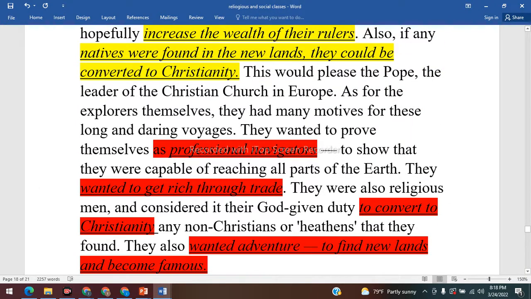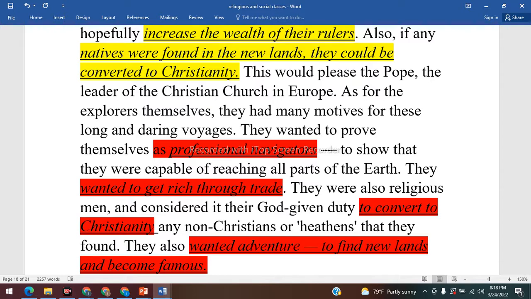Also, I want to become famous. I wasn't expecting that either. I would want to become rich and famous, and yes, I would want to convert to Christianity, but I want to become rich and famous.